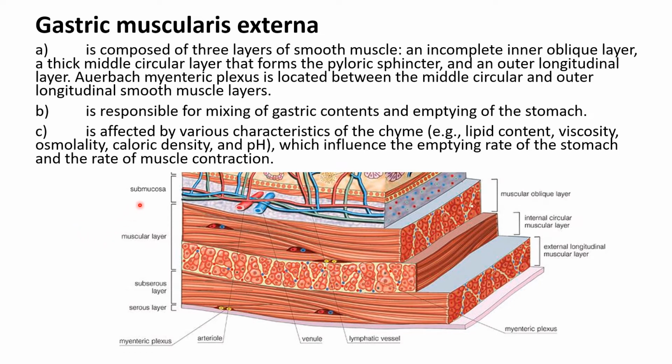The submucosa of the stomach is followed by the third very important layer called the gastric muscularis externa. The muscularis externa of the stomach is characterized by the presence of three layers of smooth muscles. You can see here layers 1, 2 and 3.